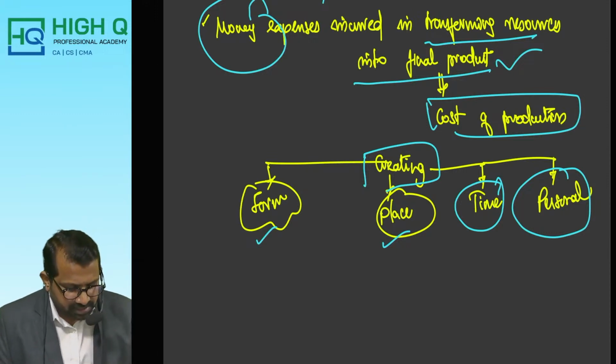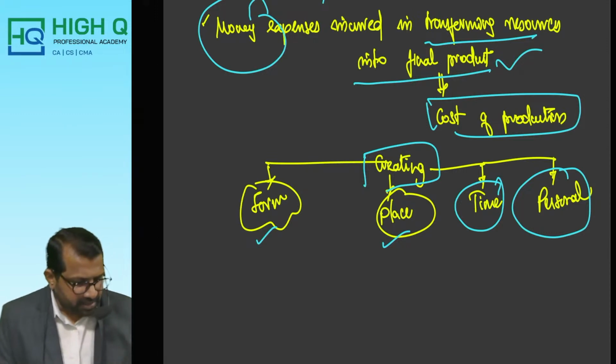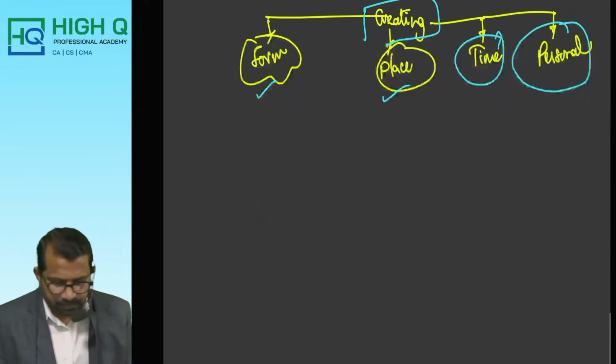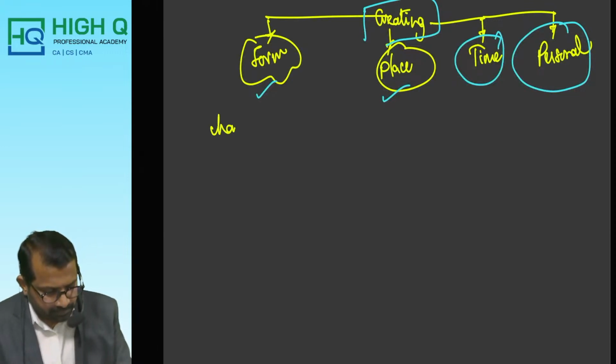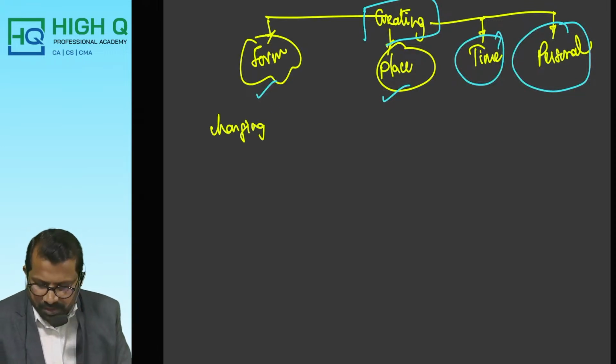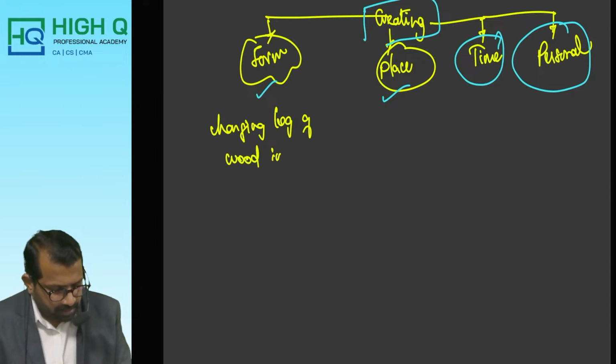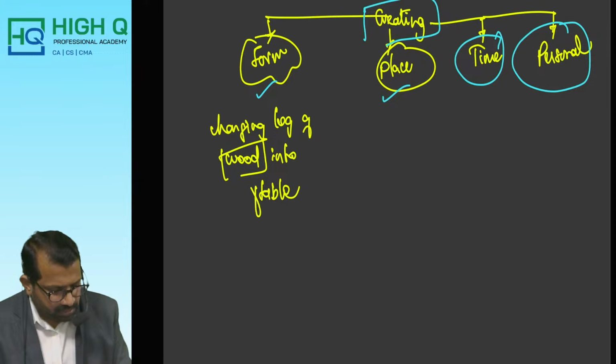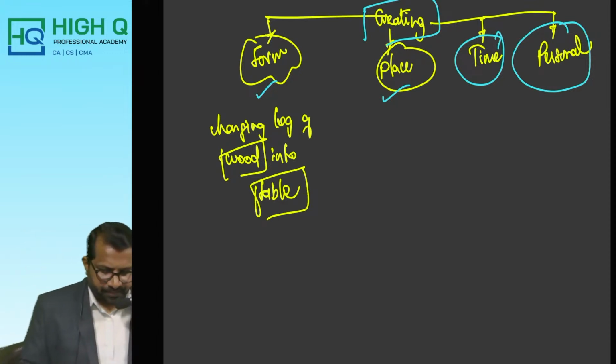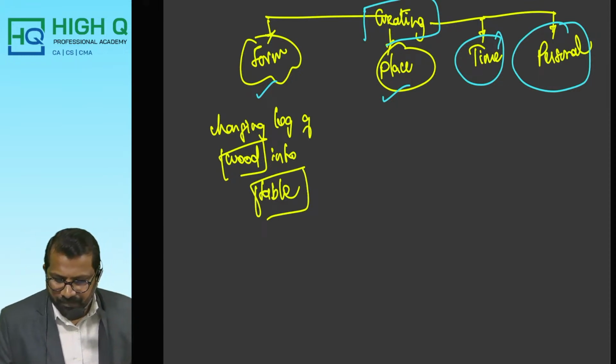For example, changing wood into table, one resource into another finished product, is called form utility.